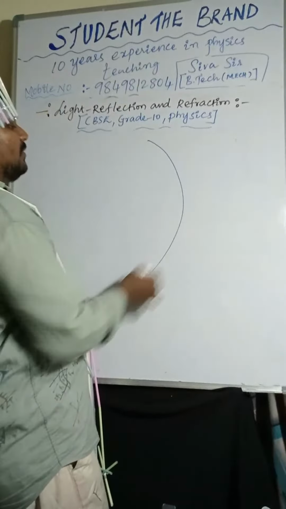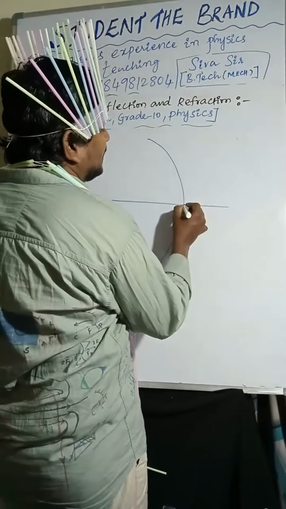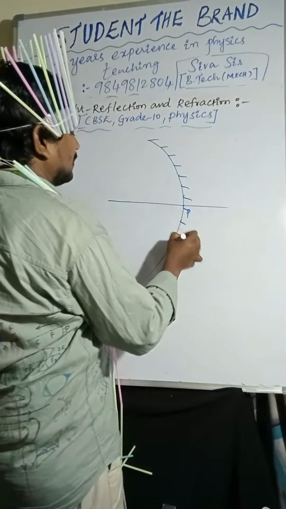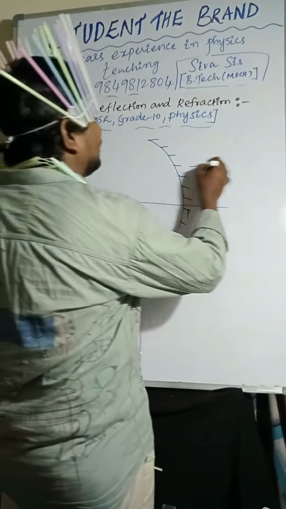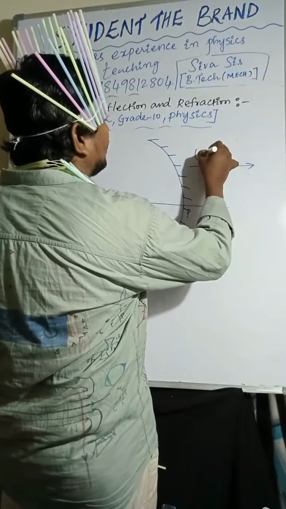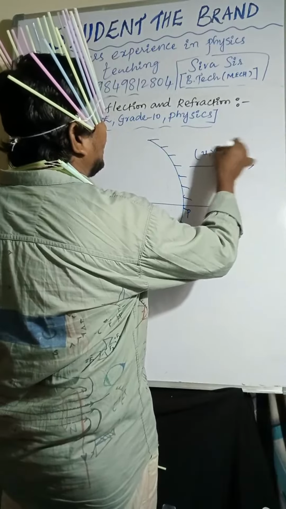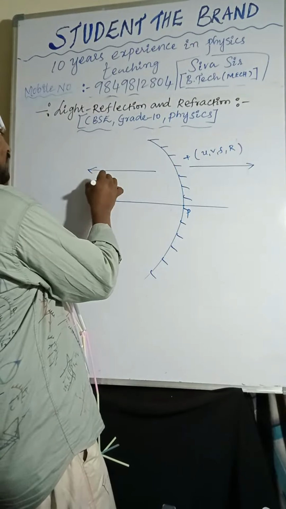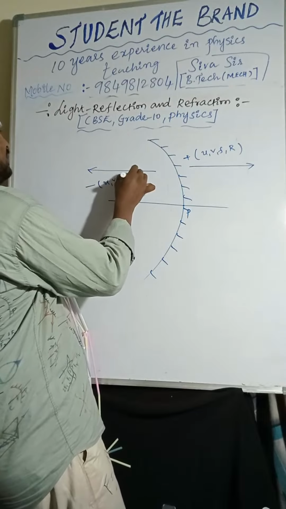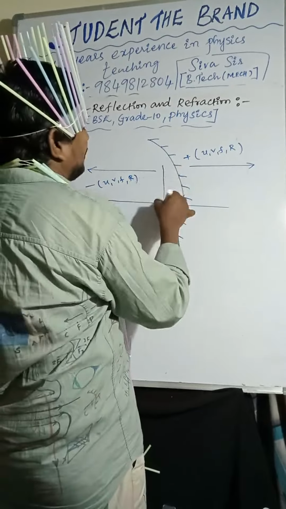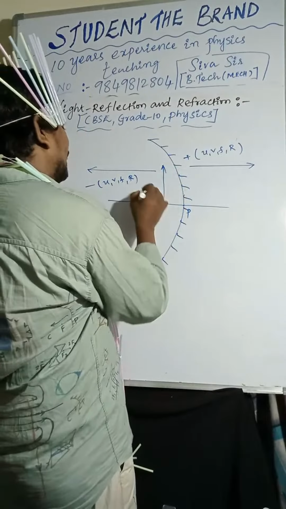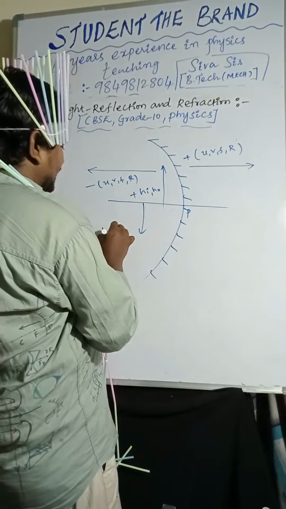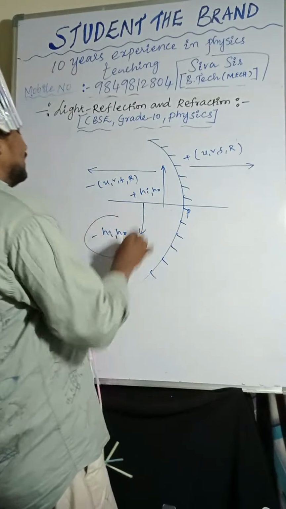In the direction of incident rays, all measurements will be taken from the pole. Object distance, image distance, focal length, all are positive. Opposite to incident rays, object distance, image distance, focal length, and radius of curvature, all are negative. Above the principal axis, height of the image and height of the object positive. Below the principal axis, height of the image and height of the object negative.